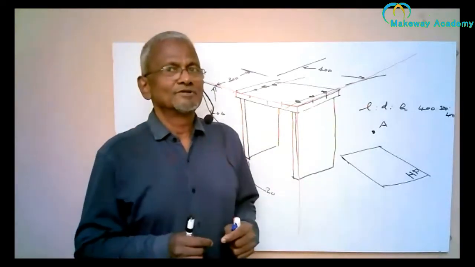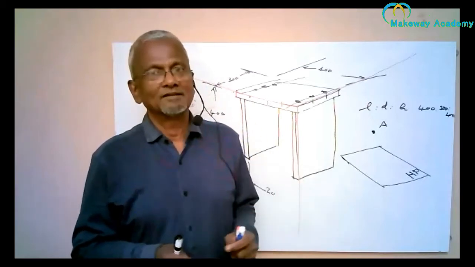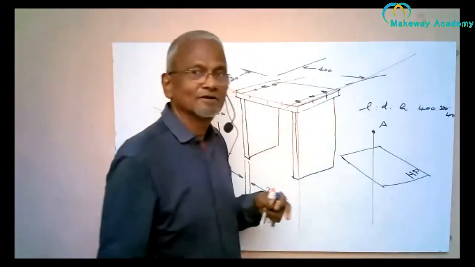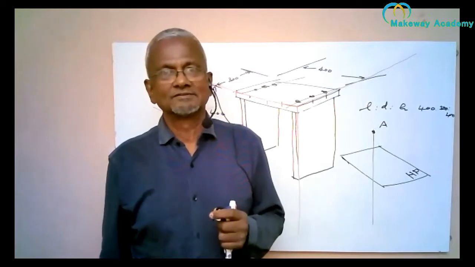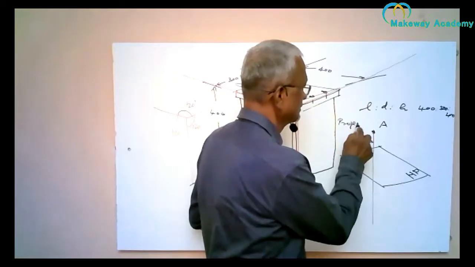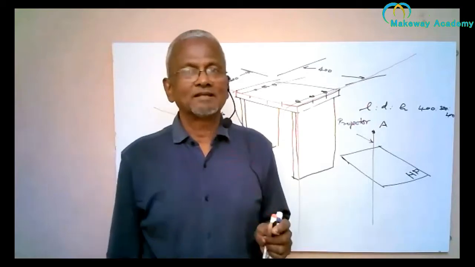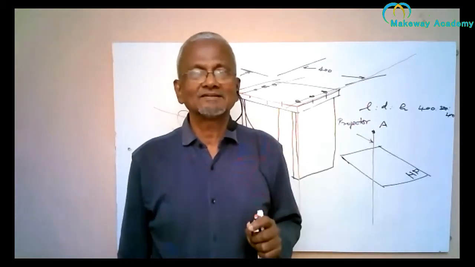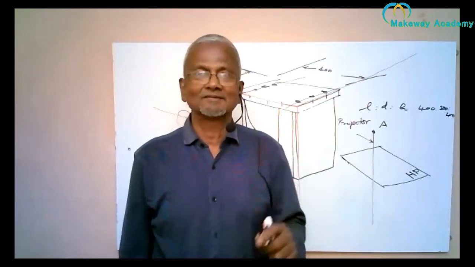I have to drop the perpendicular from the object to the plane. I call this perpendicular line the projector. The projector is perpendicular to the plane. The projector intersects the plane.